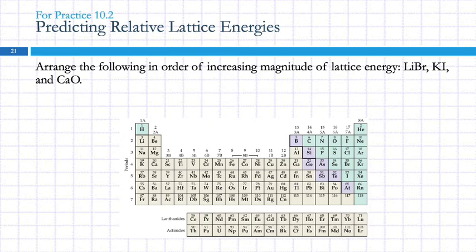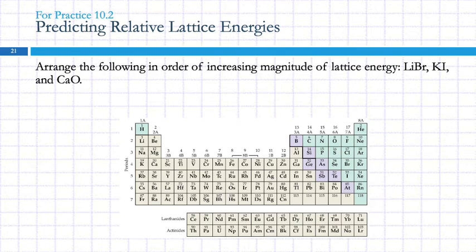So this is the kind of question that could show up on an exam. Arrange the following in order of increasing magnitude of lattice energy: lithium bromide, potassium iodide, and calcium oxide. So there are 2 trends here. One has to do with ion charge, the other has to do with ion size. The ion charge is the most important, so let's look at that one first.